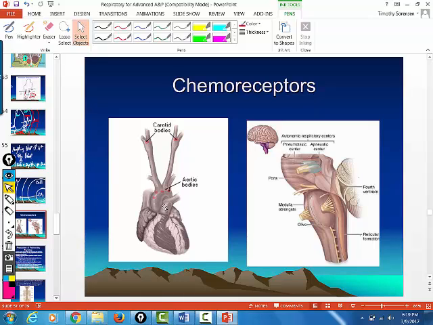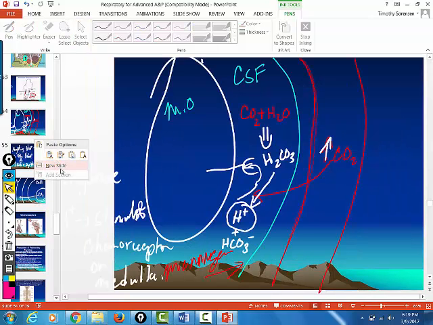So what will happen to your pH? And what will happen to neural activity? Right. So the signs and symptoms of altitude sickness are the same signs and symptoms of a respiratory alkalosis. They will get numbness and tingling, dizziness. Say yes.